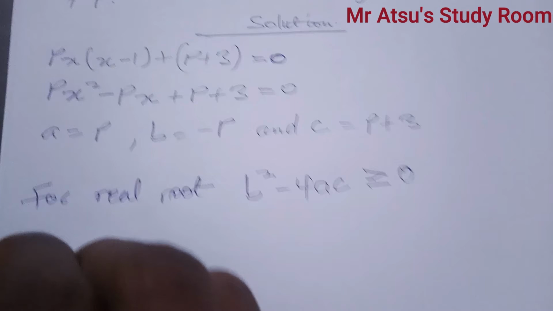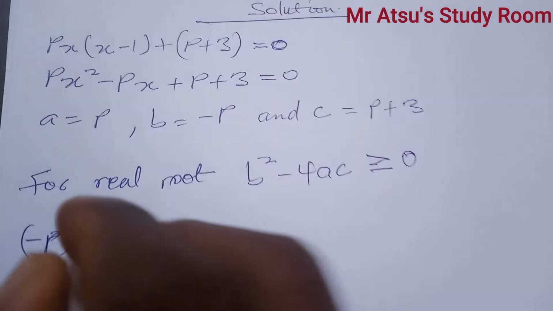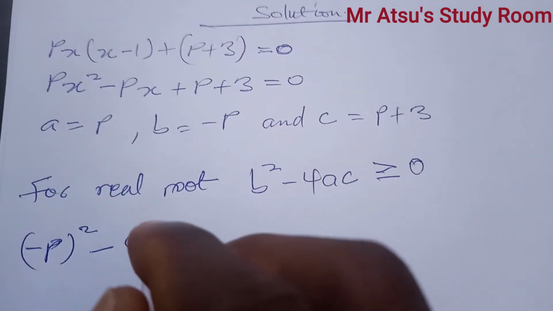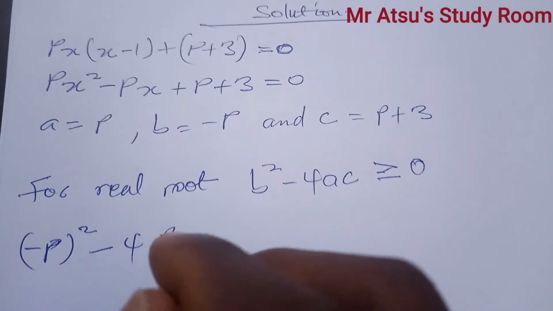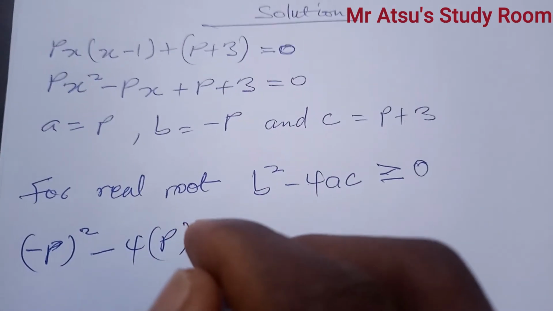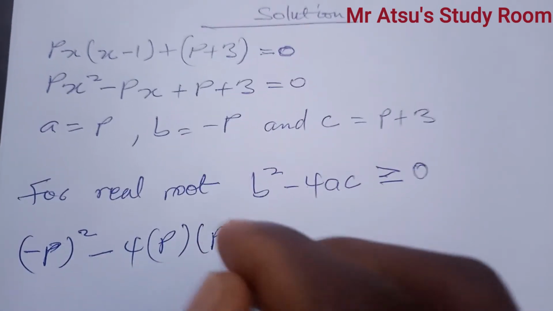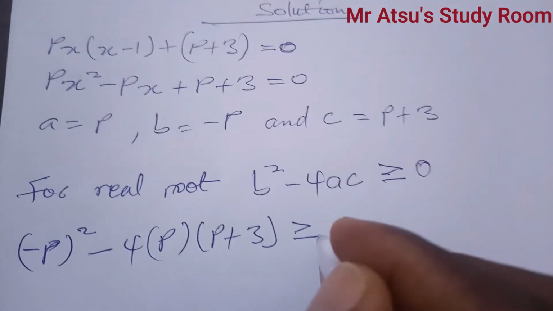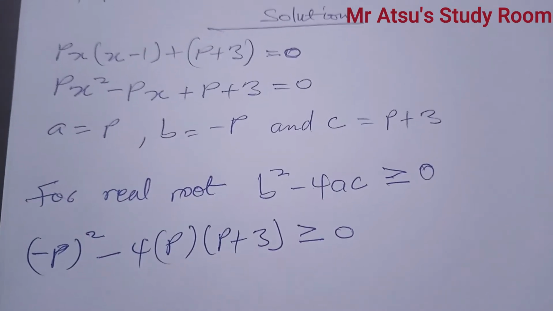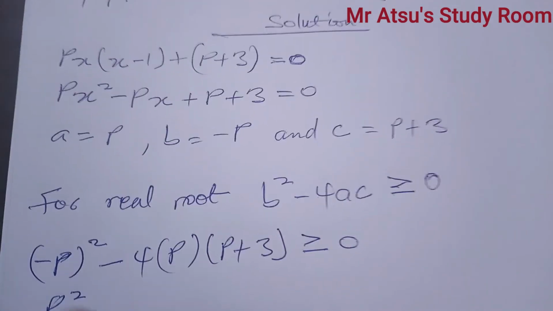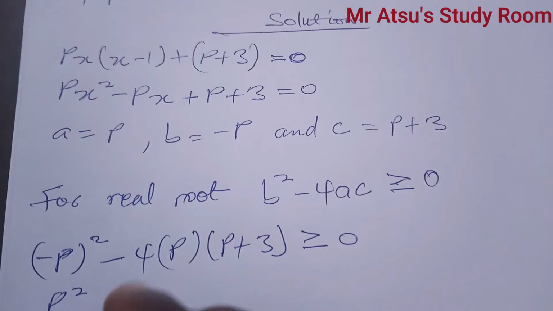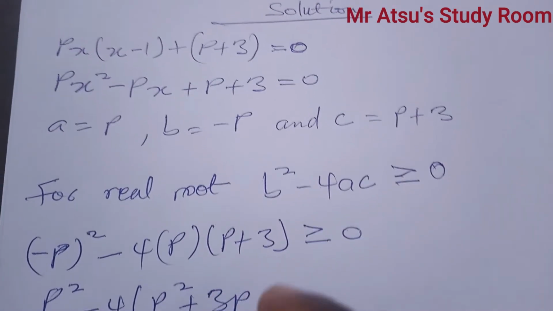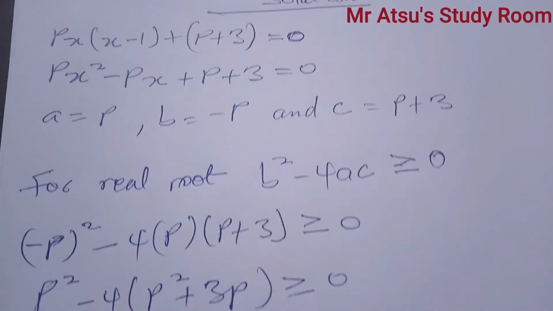That means we are going to have negative p all squared. Remember to put it in parentheses, minus 4. Our A is P and our C is P plus 3. Now be greater or equal to 0. This will give us P squared minus 4, this will give us P squared plus 3P, greater or equal to 0.